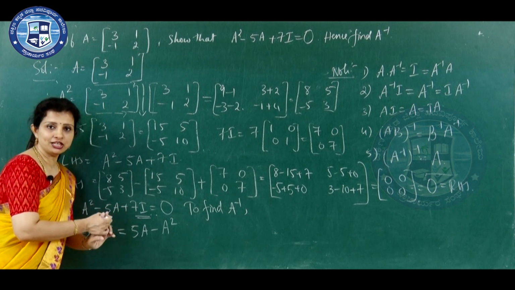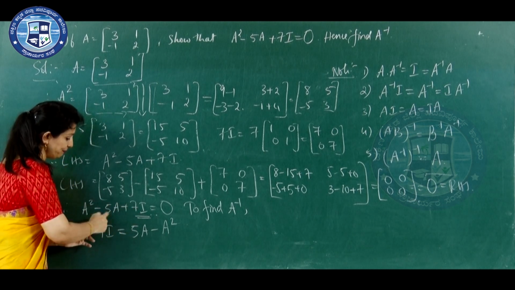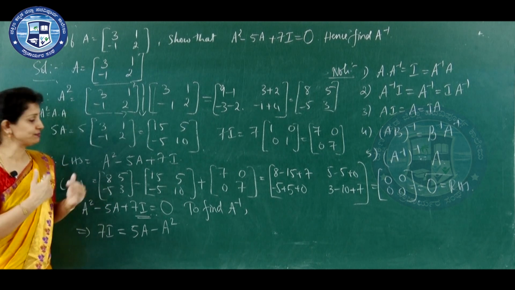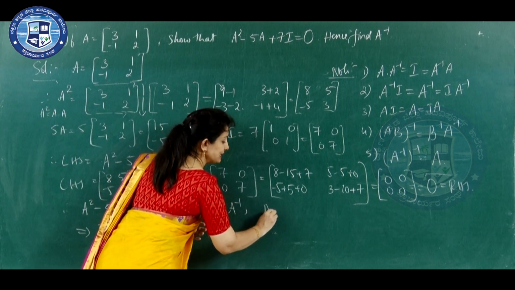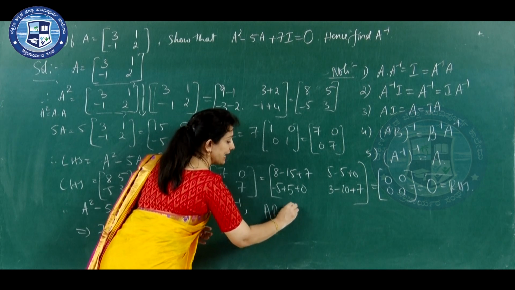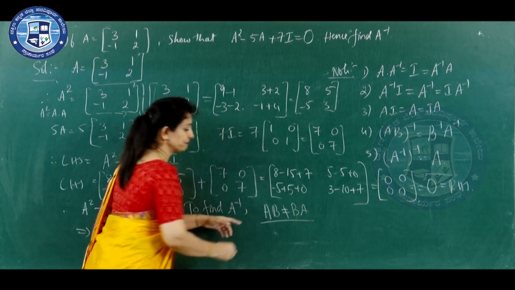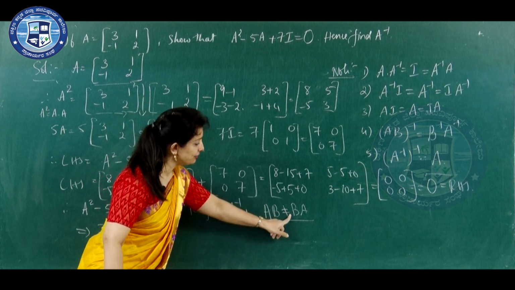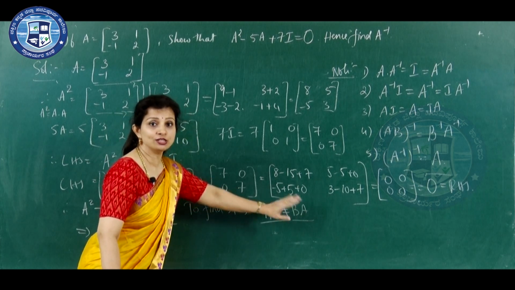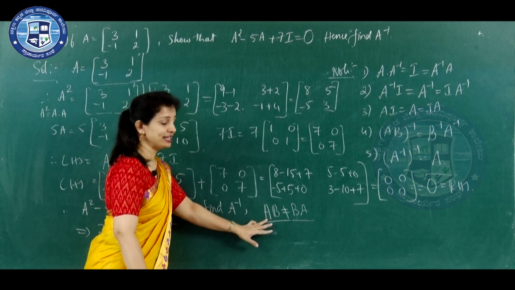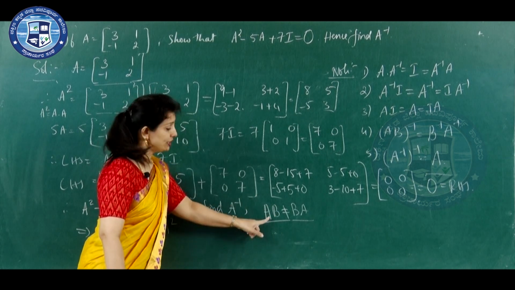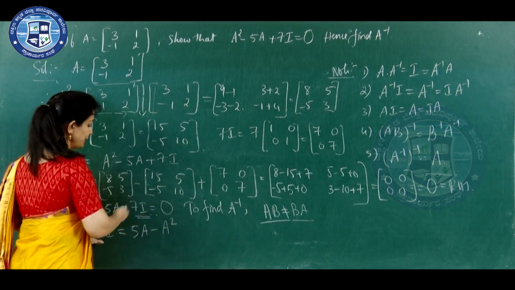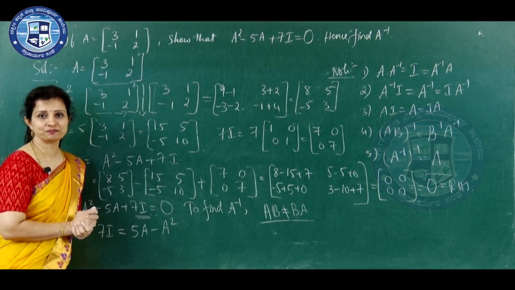Two ways of multiplication are possible: pre-multiplication of A inverse and post-multiplication of A inverse, because matrix multiplication is not commutative. AB is not equal to BA, so we cannot write AB equal to BA. So we cannot multiply A inverse just anywhere.